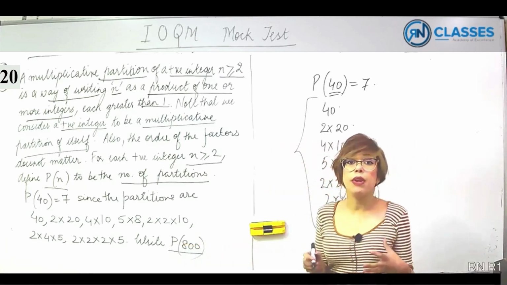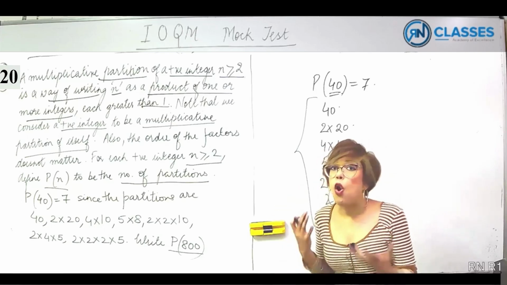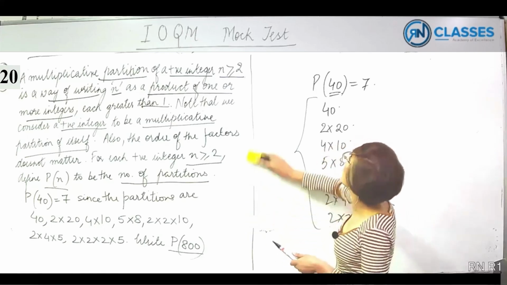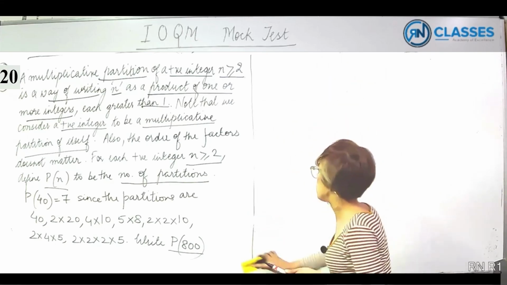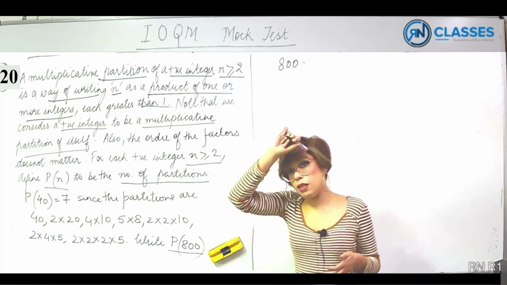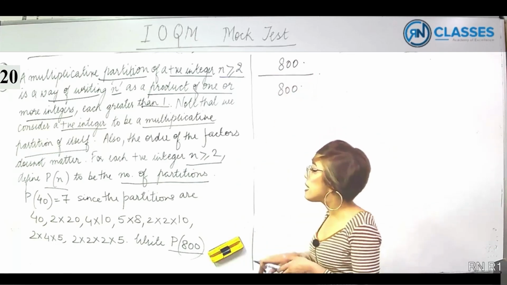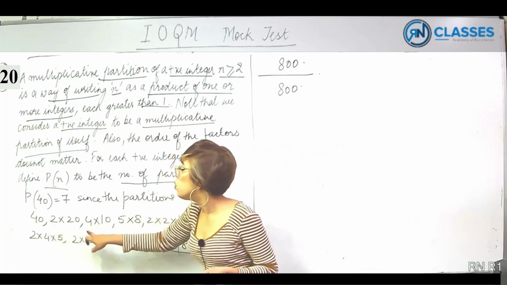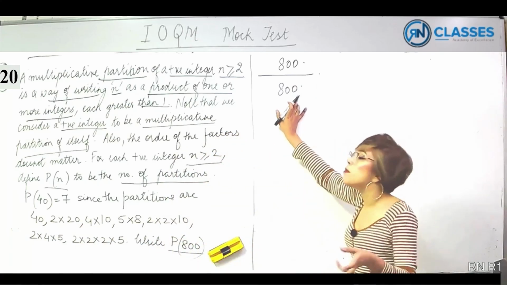That means you need to count in how many different ways you can write 800 as a product of numbers. So let me try to write it. Obviously the multiplicative partitions would include 800 itself. Then first I'll write all the products of two numbers, that means the ways in which I can express 800 as a product of two numbers.